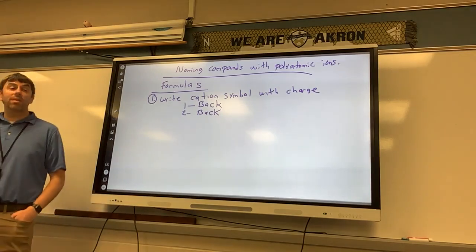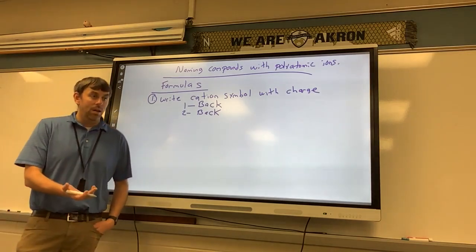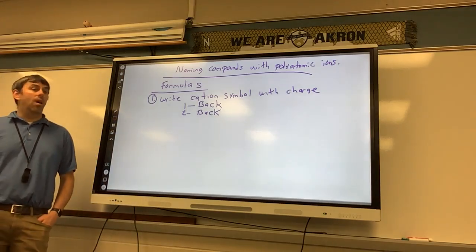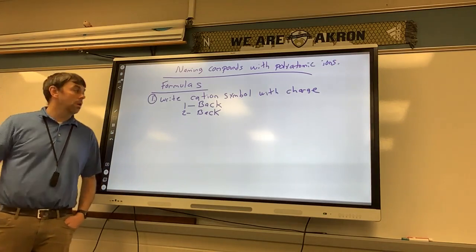This is no different than what we've been doing. They're just groups with the charge instead of single atoms with the charge. And the good thing is they're all on there. You don't have to memorize them, right?